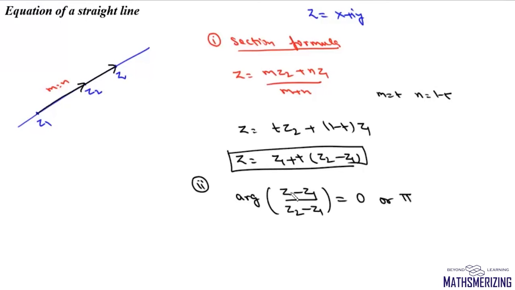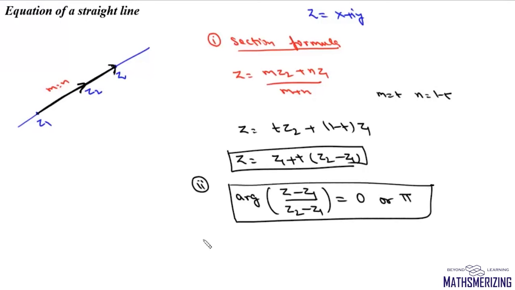Here we are talking about the angle between z minus z1 and z2 minus z1. So this angle must be either 0 or pi in case of a straight line. So this is the second way to write the equation of a straight line.